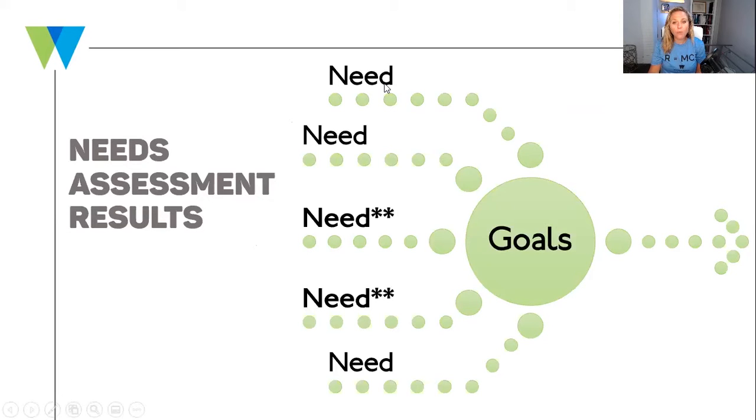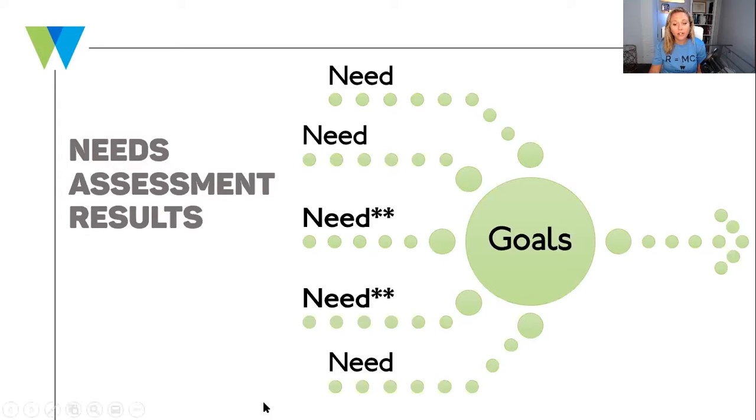Recall that when we did the needs and resource assessment, we came out with all of these needs. We identified all of these different drivers, determinants of behavior, all these risk and protective factors, the problem areas. In that last step of the needs and resource assessment, we interpreted and then prioritized which of these needs we want to intervene on. We prioritized those factors that were malleable to change, and that we could feasibly do.